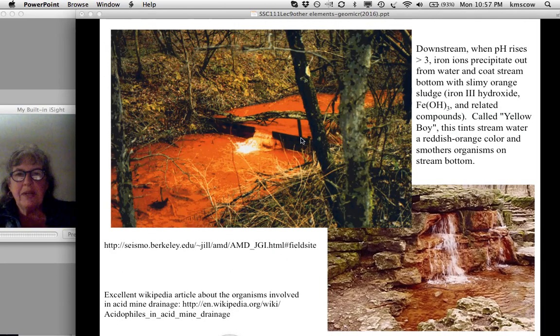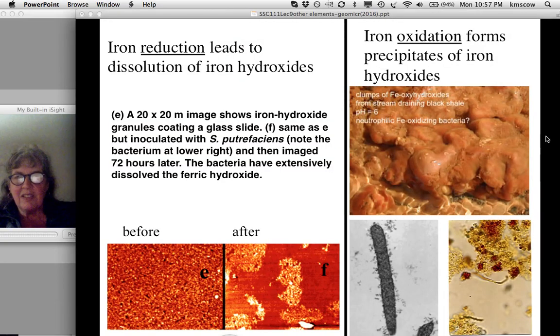And here's a picture of a stream that's filled with this iron that's been liberated from these tailings piles and has gone downstream. But then at some point, left as a reduced form, they start to precipitate out into this colloidal material, this organic rubbery material like this picture, right?